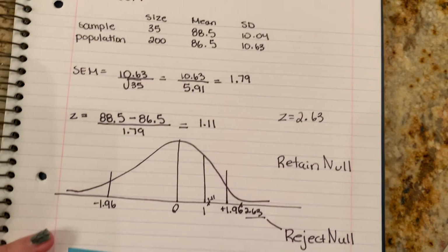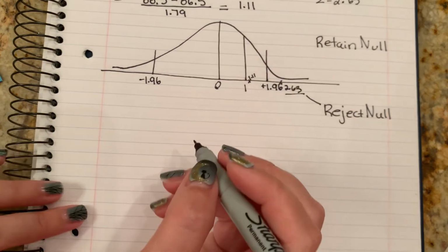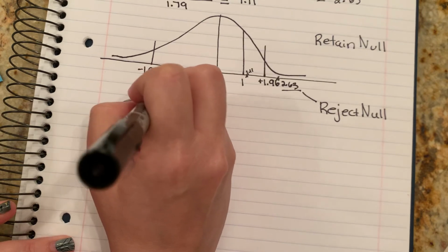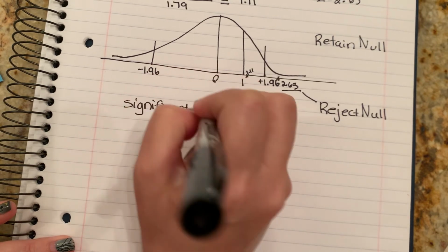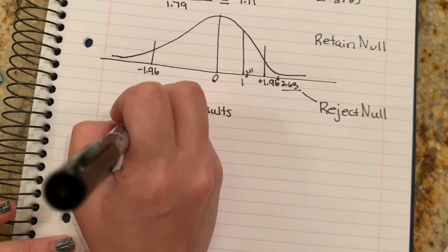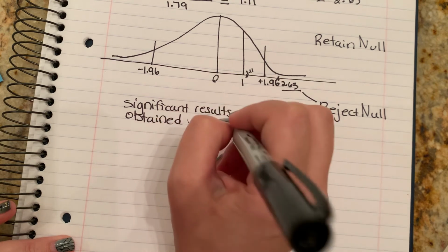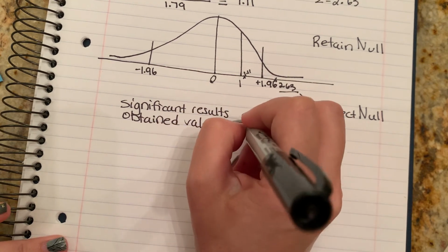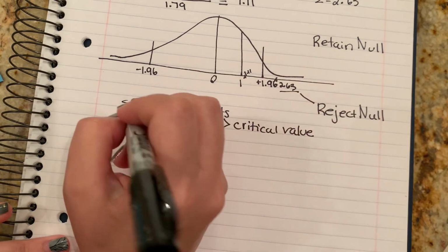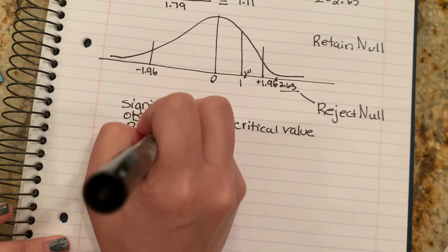So just to review one more time, we have significant results when our obtained value is greater than our critical value. And when this occurs, we need to reject the null hypothesis.